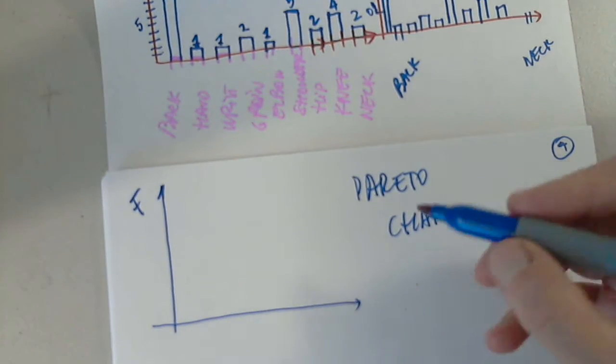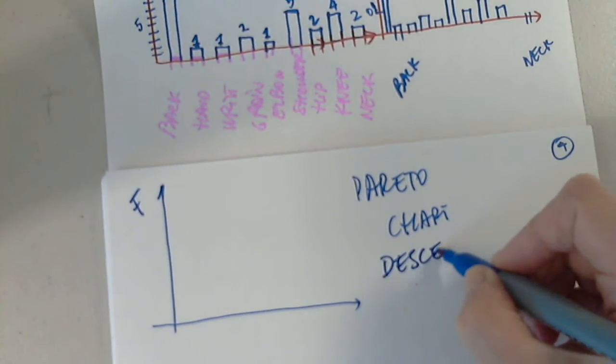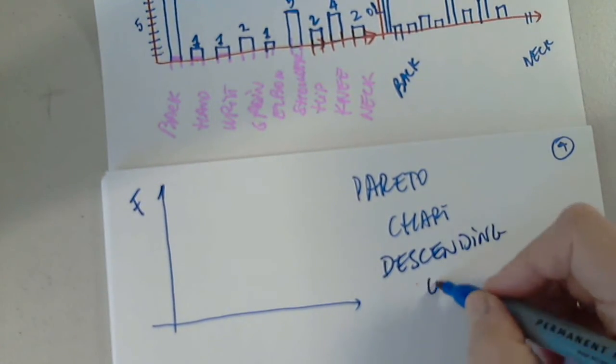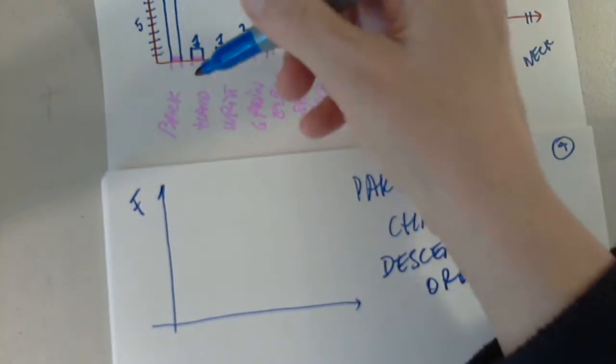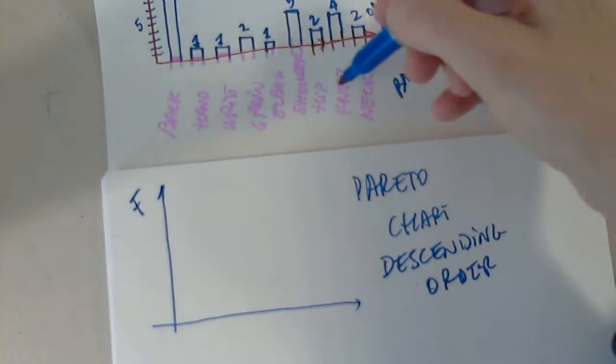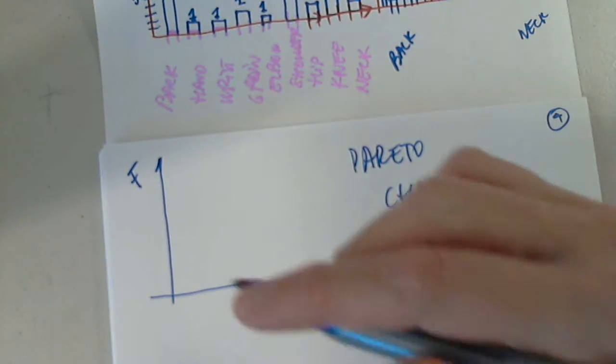We normally prefer descending order. I'm not going to put all the categories because it will take me a while, but I'm just going to represent the 12.